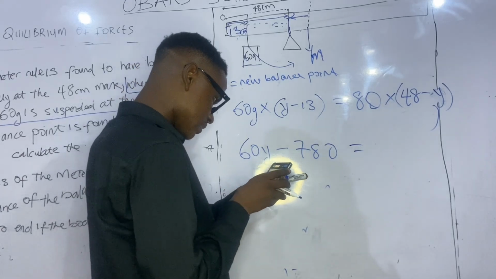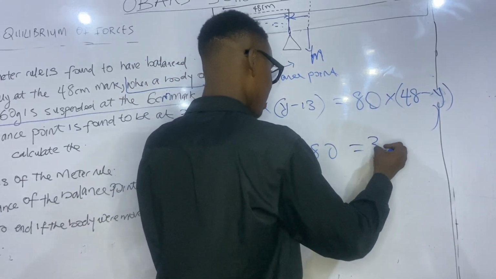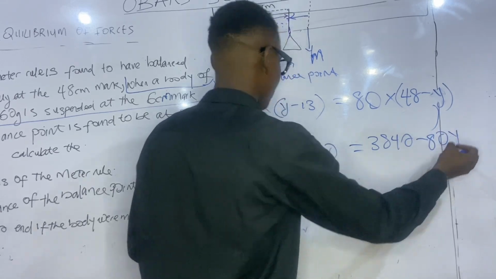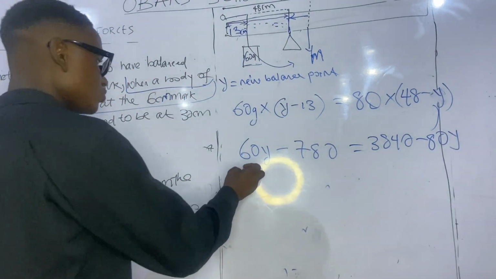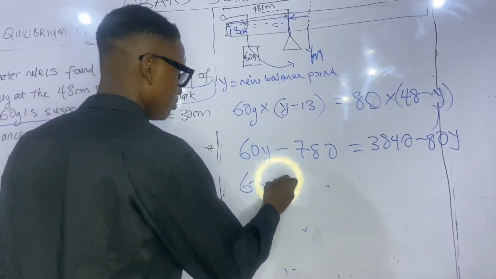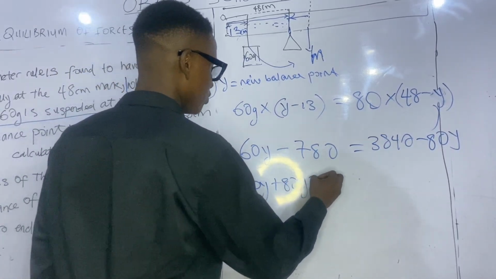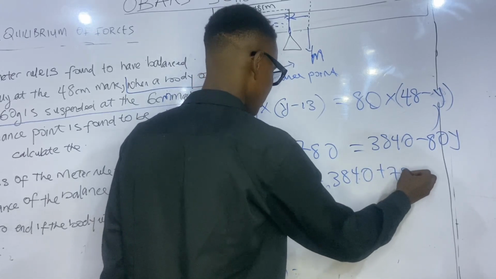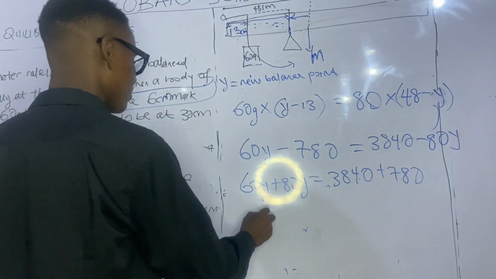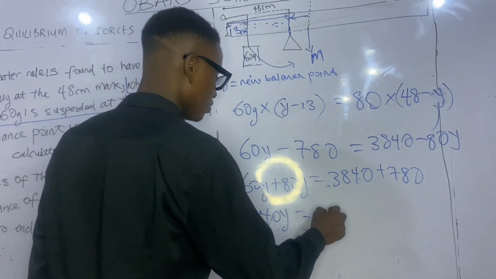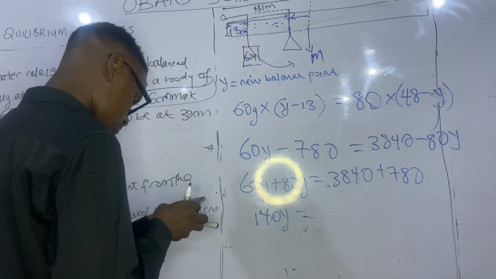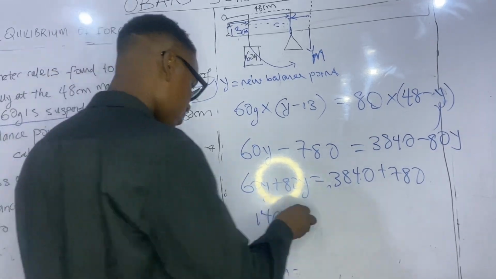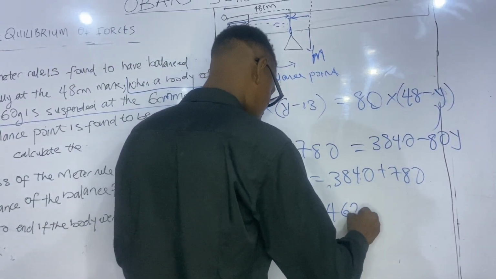We give you 80 times 48. To open this bracket, that is 3840 minus 80Y. So to collect like terms, you can say 60Y plus 80Y equal to 3840 plus 780. So this will give you 140Y equal to 4620.